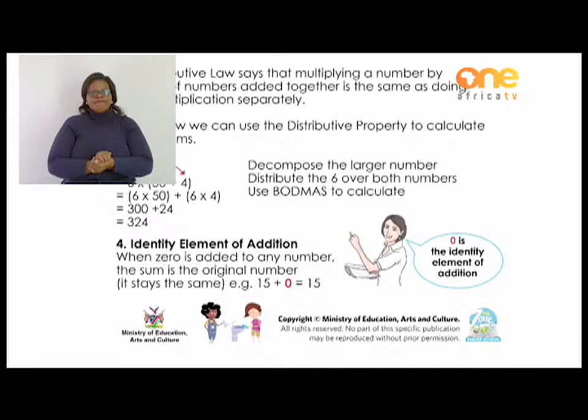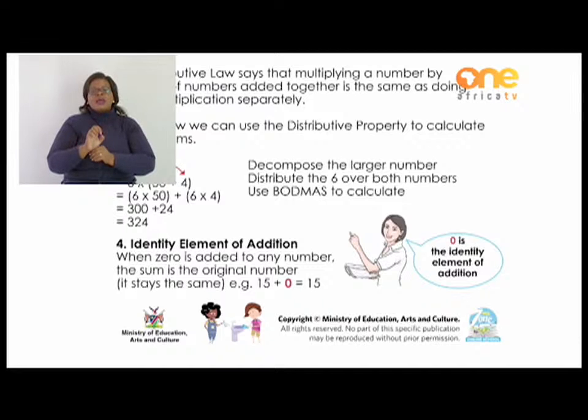Also at number 4, we need to know the identity element of addition. And if you look, there is a picture of a learner or a teacher trying to explain what is inside that message box. 0 is the identity element of addition. 0, which is written in red, is the identity element of addition.